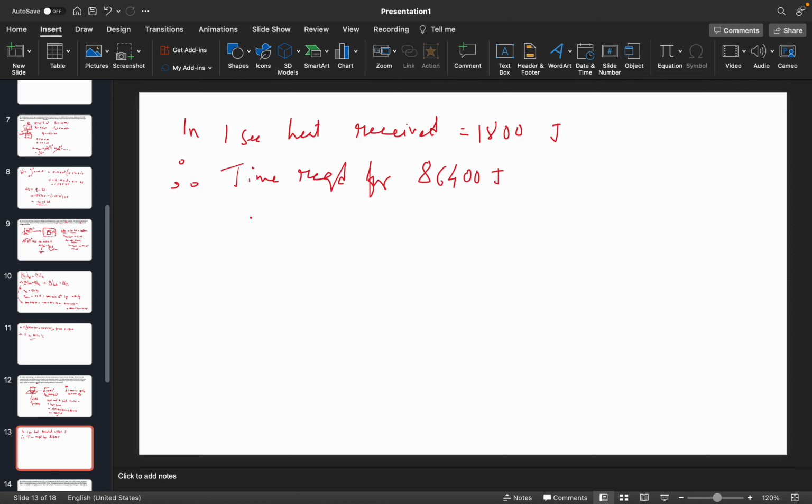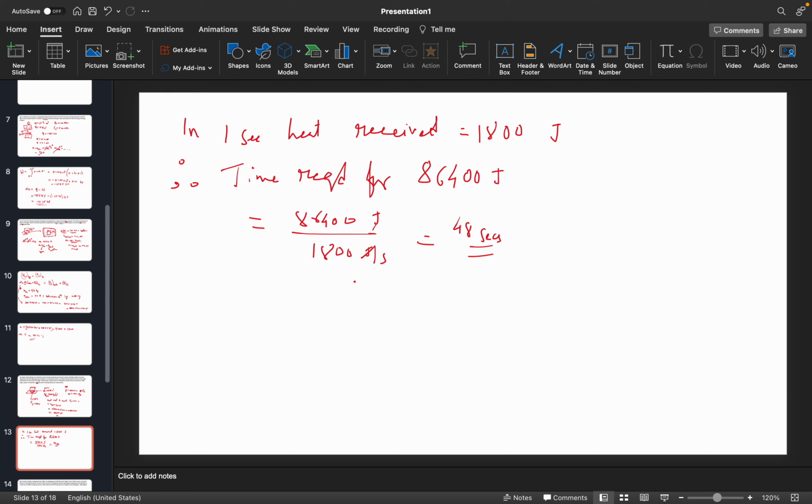It will be 86400 divided by 1800. The unit is joule divided by joule per second, joule will cancel and second will go above. So 86400 divided by 1800, your answer is 48 seconds. So within 48 seconds your boiling process will start.